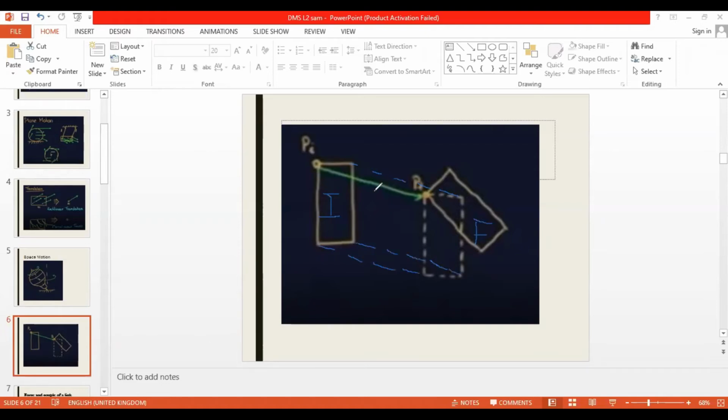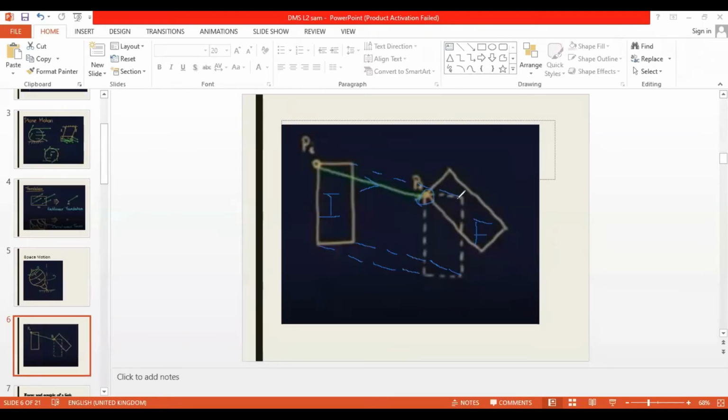So you can move this object to this position in a straight line, right? So along this line, this object is moved to this position, and then about this axis it is rotated, right?